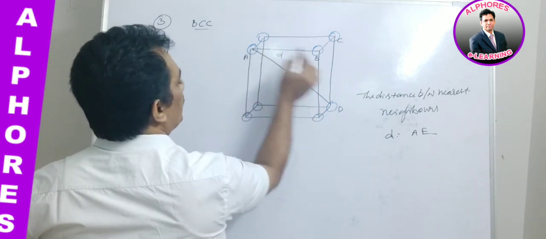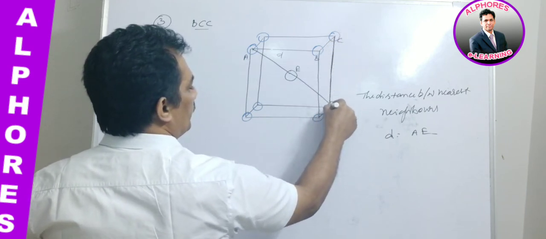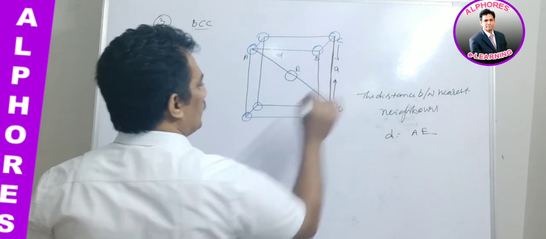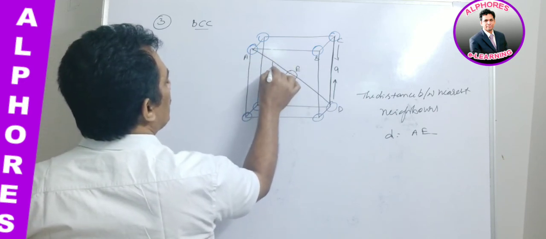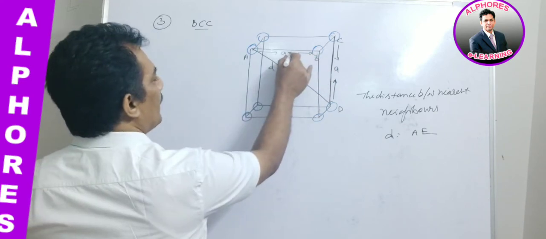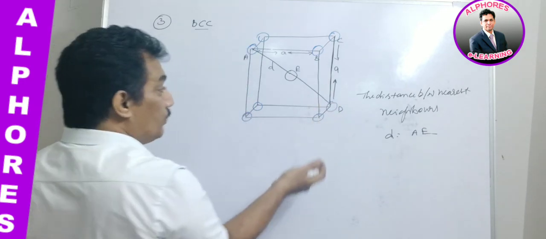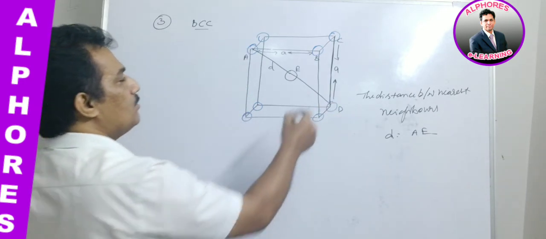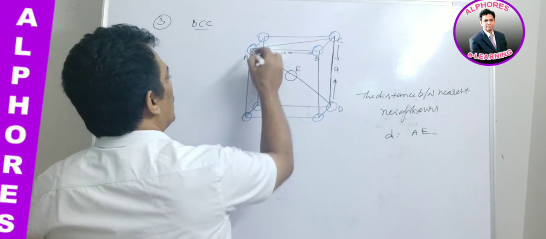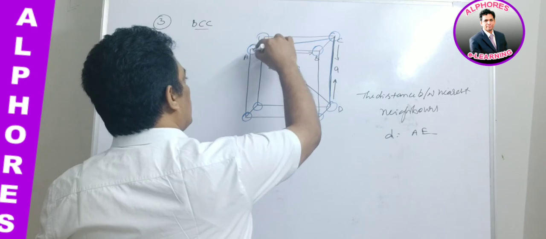And now let us consider this one also. Here this A, that is C and D, distance is nothing but A, as we know, and this value is also A. And now here also we can find one right angle triangle, that is nothing but this one with AC. We are drawing this right angle triangle.